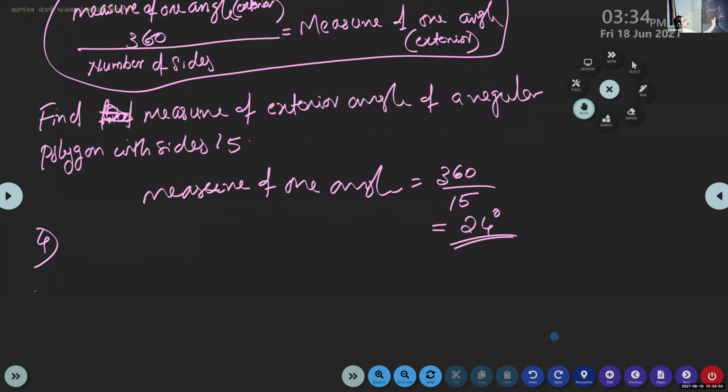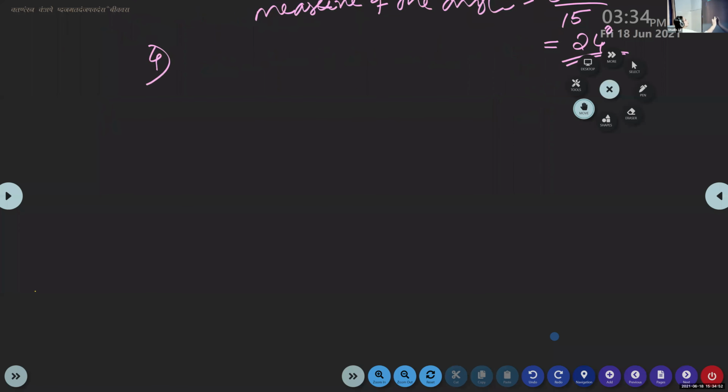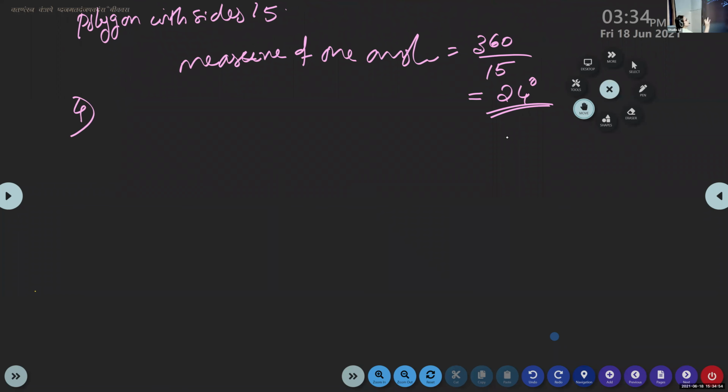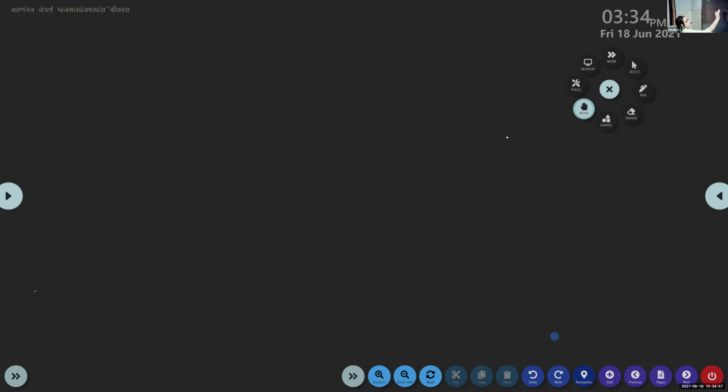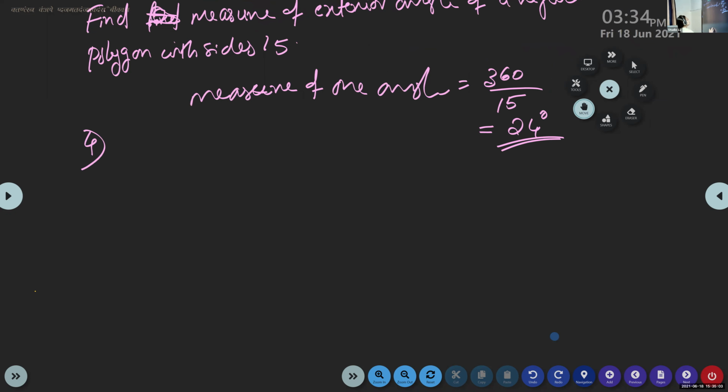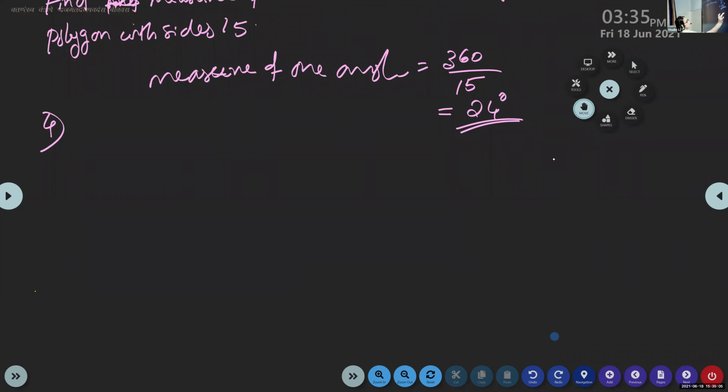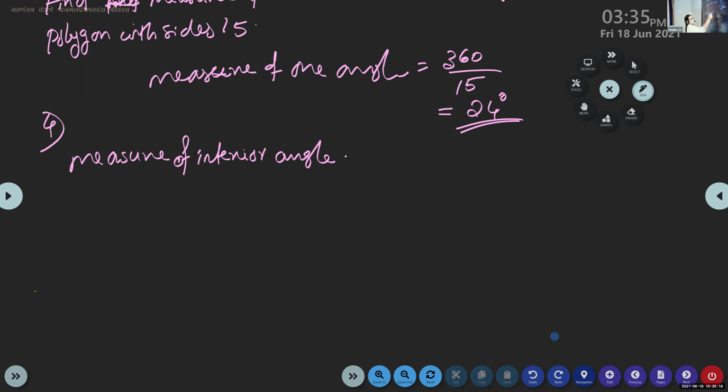Okay. Now come to this question. Here the measure of the interior angle of a regular polygon is given. So what can we do? The measure of the interior angle is given, and it is equal to 165.